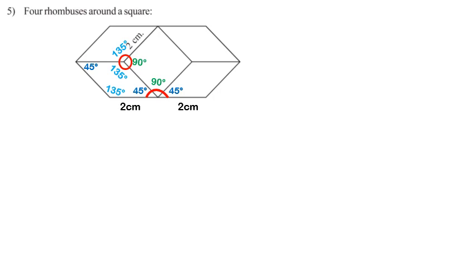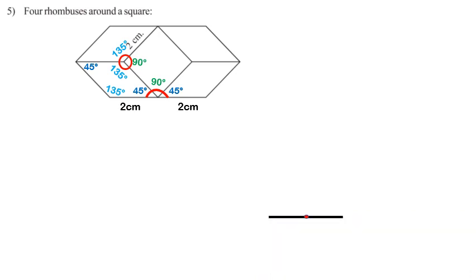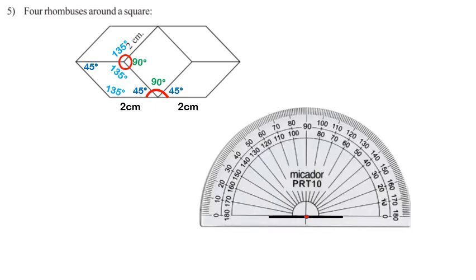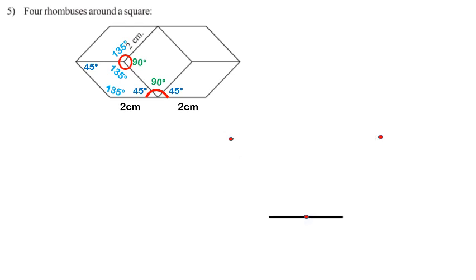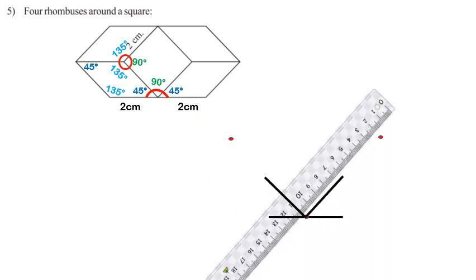Then let's start drawing. First draw a horizontal line of length 4 cm. Then mark its midpoint. Then keep the protractor at this point and mark a 45 degree angle from the right side of the protractor as well as the left side of the protractor. Then draw a straight line to this point using a ruler.